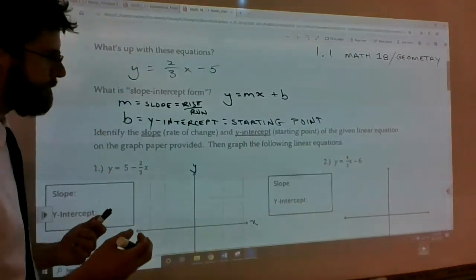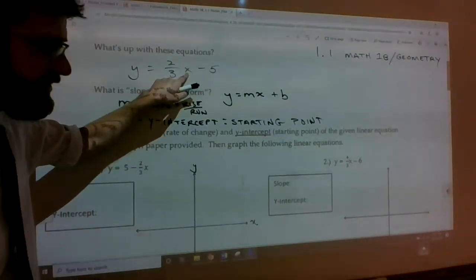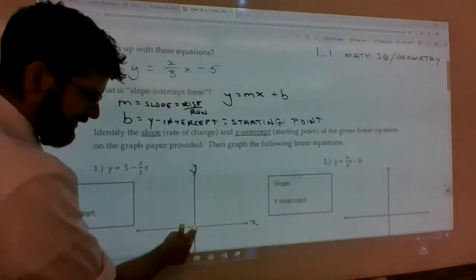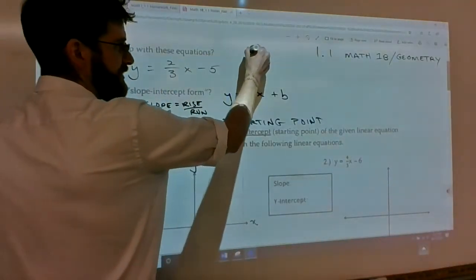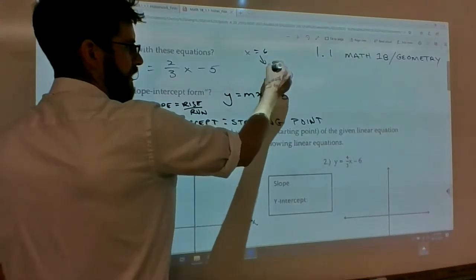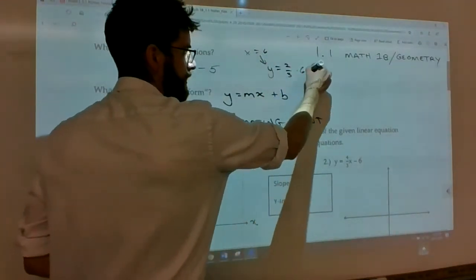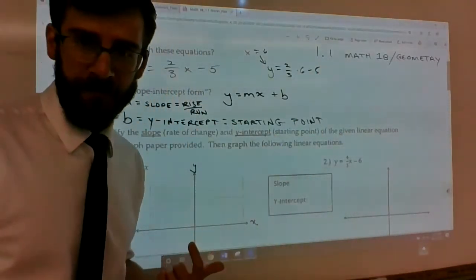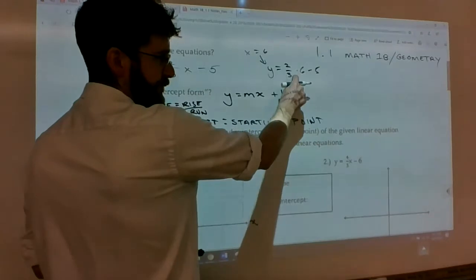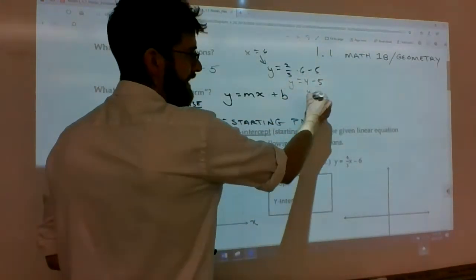So it's like saying, if I plug in an x here, so let's say I plug in x equals 1, 2, 3, 4, 5, 6. So if x equals 6, then my y value is equal to 2/3 times 6 minus 5. And if you remember your order of operations, you can take 6 times 2/3, which is 4, minus 5, you get -1.